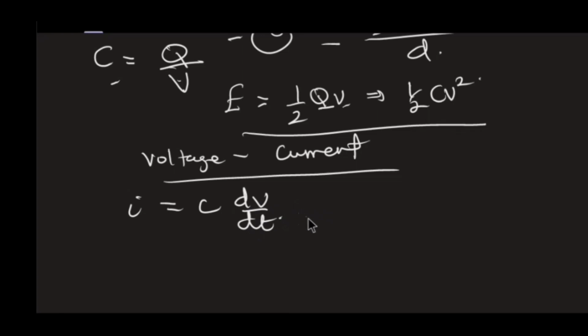And this is because we apply an alternating current AC, so the voltage will constantly be changing. To find the current, we have the capacitance times the change of voltage over time. And this is the important formula you should have in mind in the course of our lesson so that you apply. Thank you for being with me.